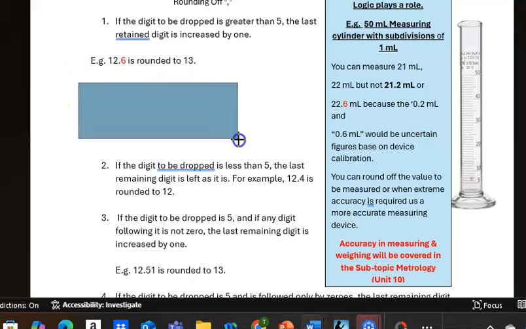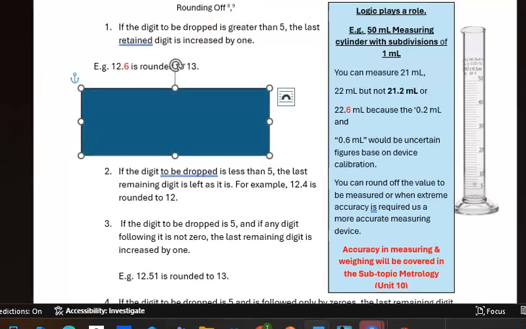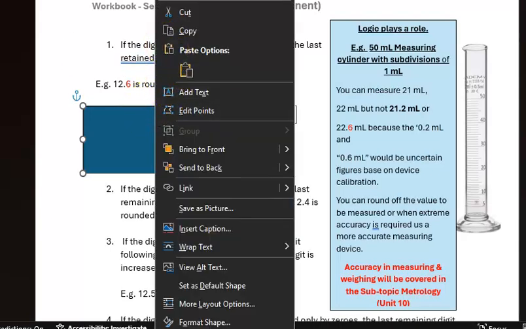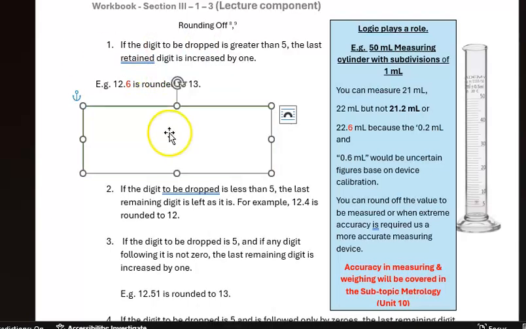I'm inserting a shape here just to calculate the error for you so you can appreciate what we're talking about. So 13 minus 12.6 would leave me with 0.4. 0.4 mil is what I have added.